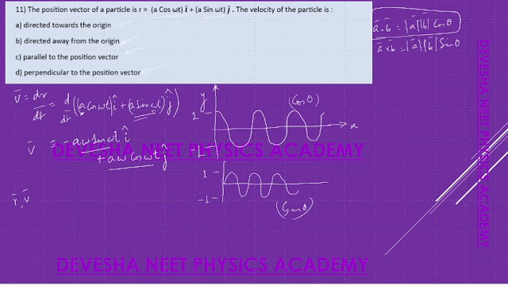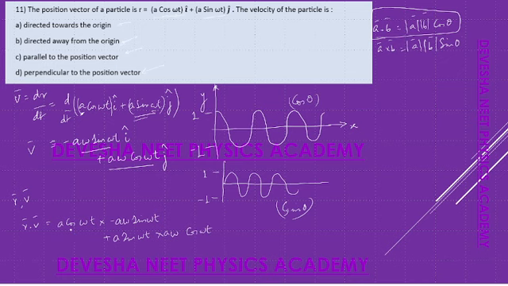So we'll do r dot v is equal to a cos omega t into minus a omega sine omega t, plus a sine omega t into a omega cos omega t.